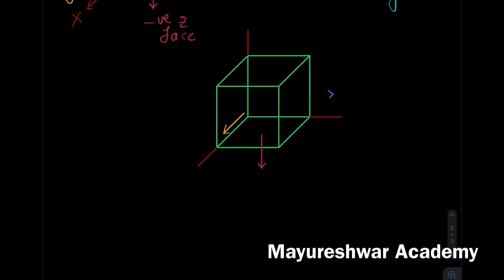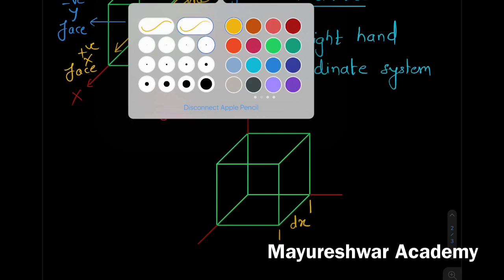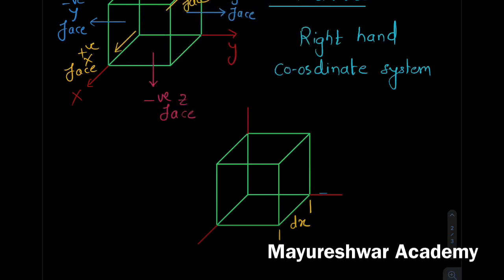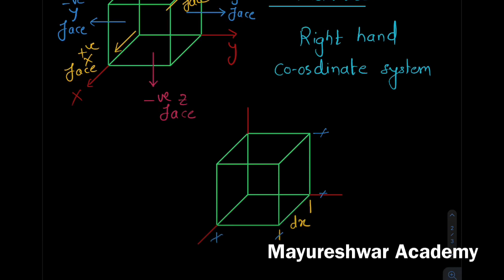So let us copy this element. We are going to use this for further analysis. Let us mark some dimensions on this. Let us show this as dx, and then we have dz, because the z axis is perpendicular, and this should be dy.